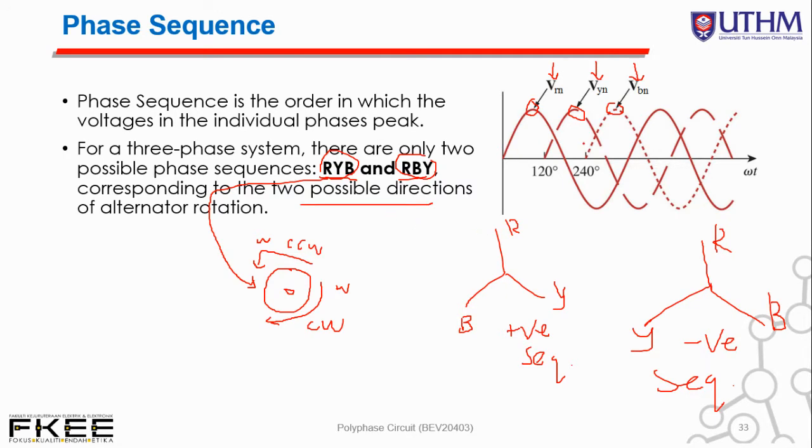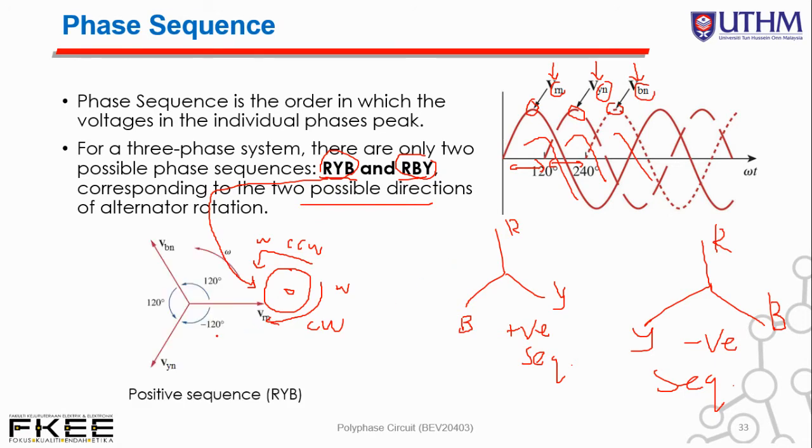This is how we can measure the sinusoidal waveform, the fundamental sinusoidal waveform, which is separated by 120 degrees from one signal to another, according to its respective phase, of course: R, Y, and B.